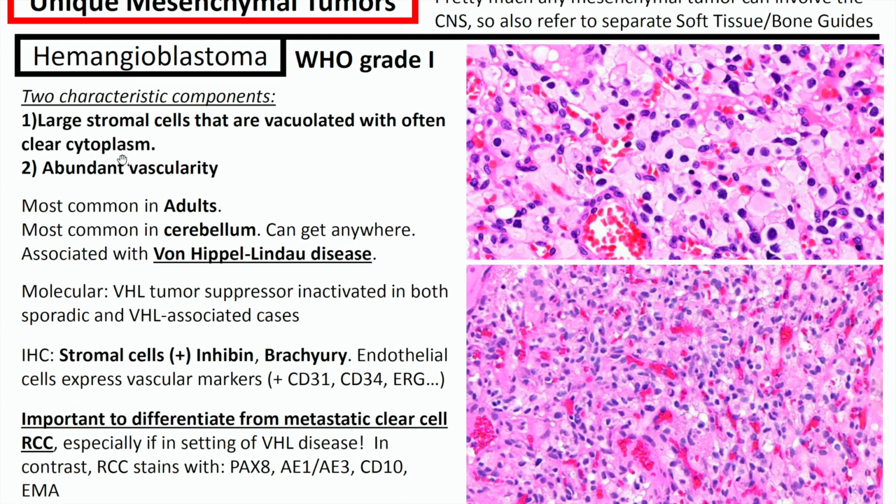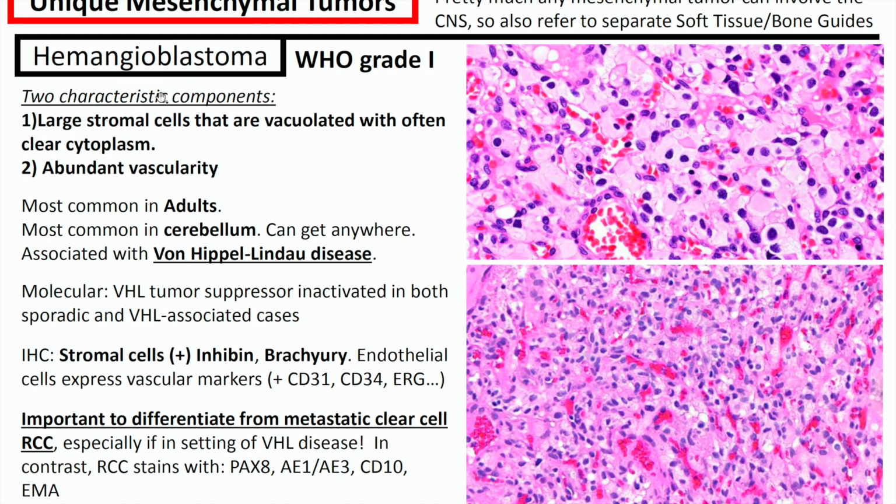All right, some unique mesenchymal tumors. So pretty much any mesenchymal tumor can involve the central nervous system, so also refer to the soft tissue and bone guides for further study of these lesions. An important one to know is a hemangioblastoma, which is WHO grade 1, which has two characteristic components.